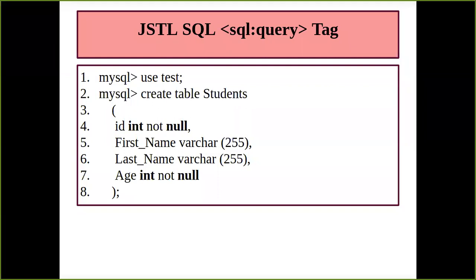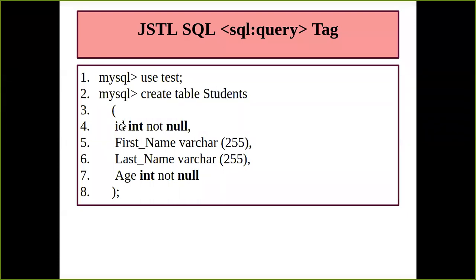USE followed by the database name. Whenever you use this statement, the database name is what? test. So I am interested in using right now the database which I have already created, assuming that is test. So you write USE test. Fine. Then you are going to create a table inside this database, that is students.